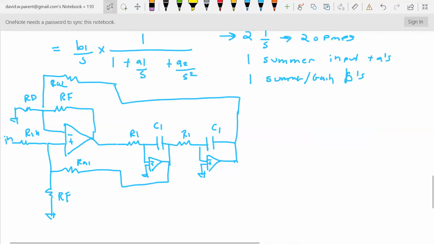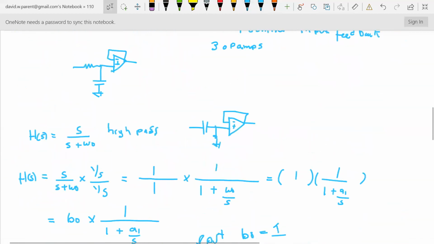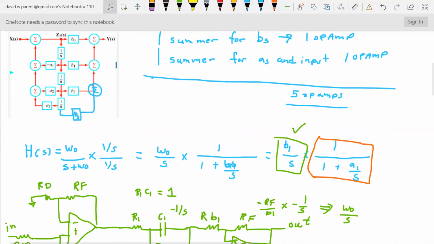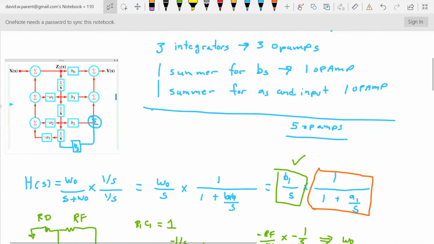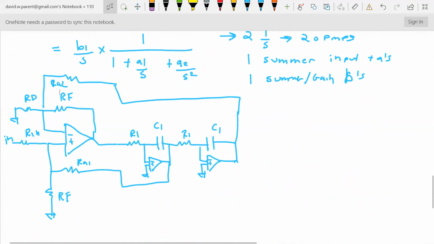Now, where do we take the output? Well, we had B1 over S, so let's go back to our thing here. It goes through 1 integrator, and then we have B1. So we come back here. We went through 1 integrator, but remember, that's minus 1 over S. I have to invert it at the very least.